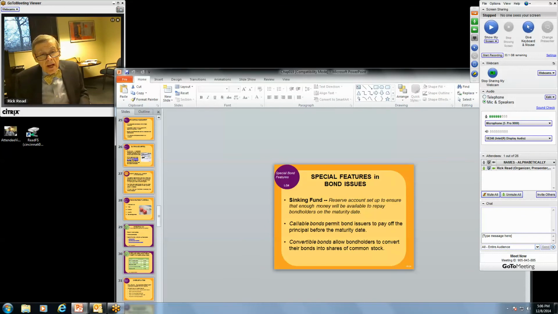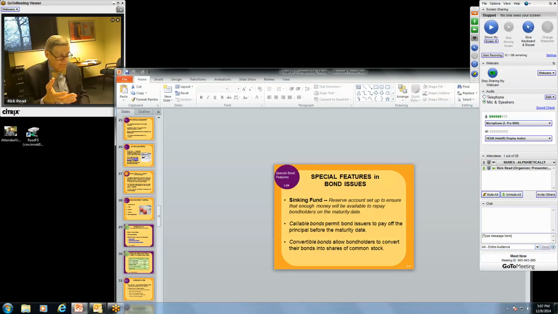Special features of bonds, the sinking fund. This is important to read to you. Reserve account set up to ensure that enough money will be available to repay bondholders on the maturity date. That's kind of an oxymoron in a way when you think of sinking fund. Sinking means something's going down. That's not what this is.